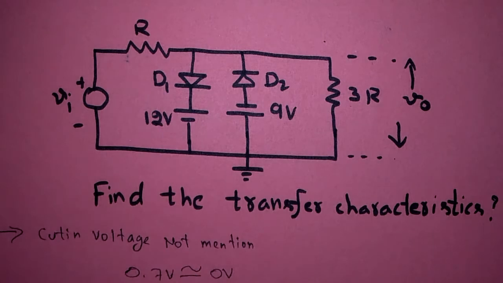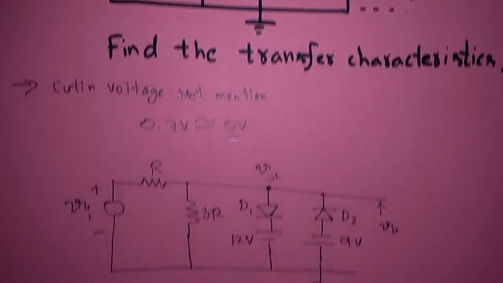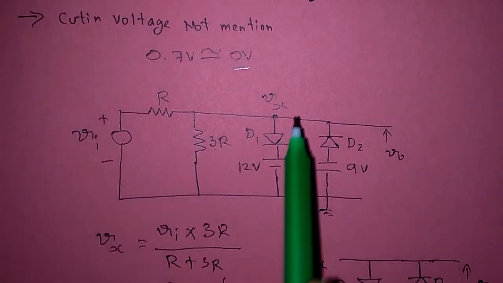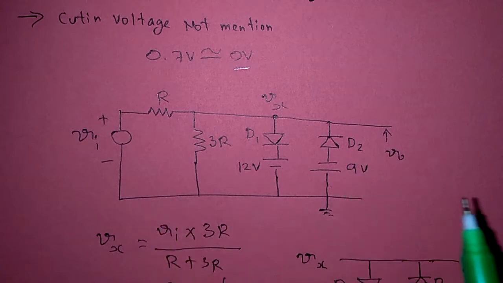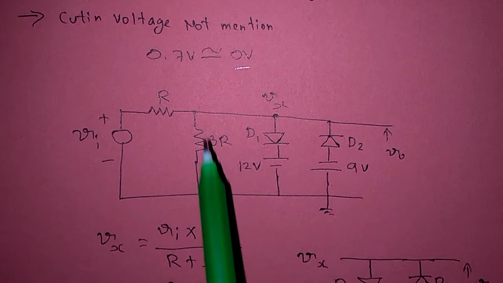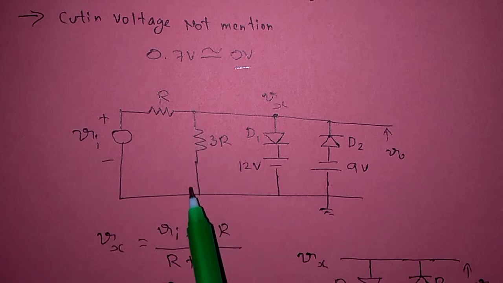So first of all we have to reduce this resistive network, then we can go for the diodes. For that purpose I rearranged the circuit like this. Since these three sections are in parallel, we can interchange them as we like. So that's why I replaced the resistor here.